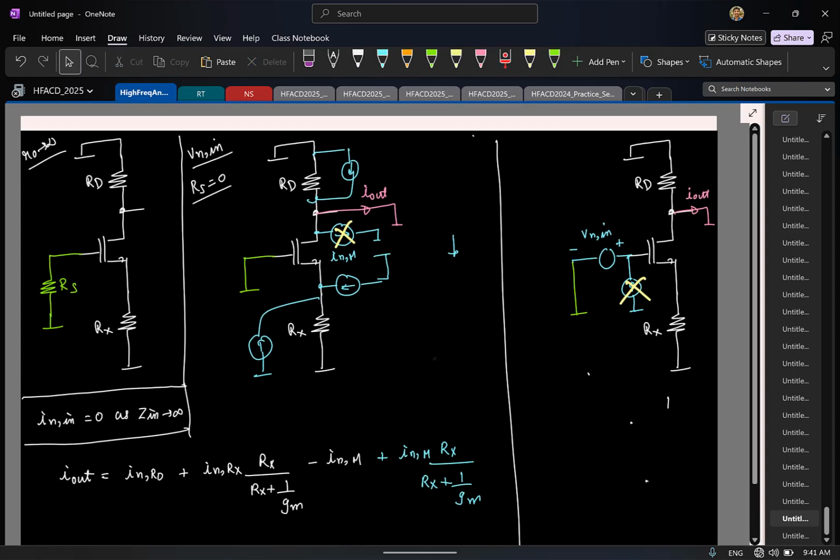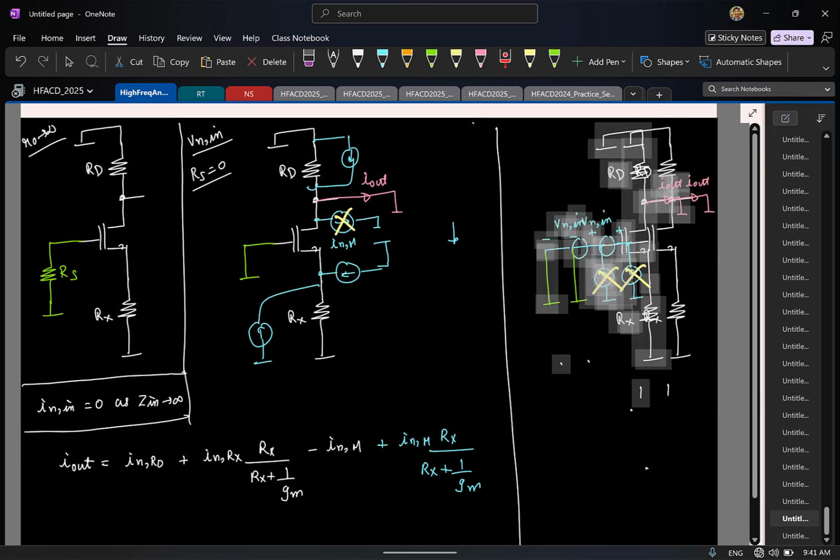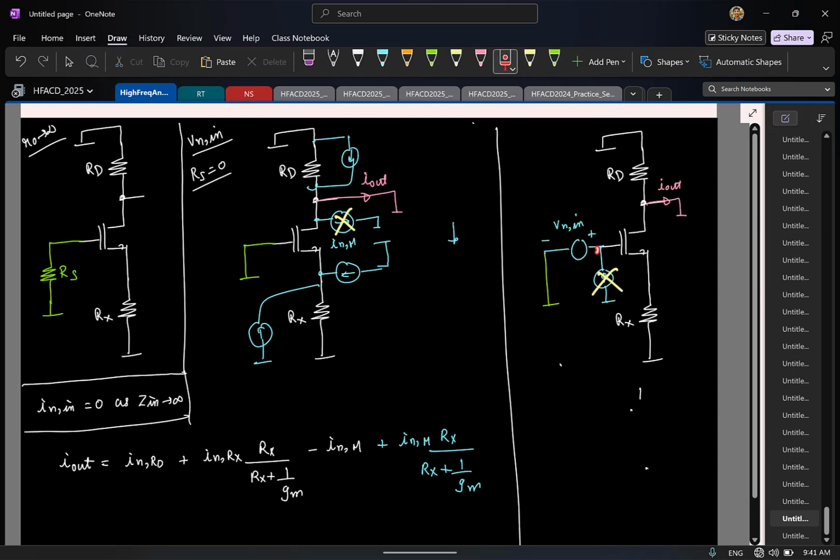To find the input referred noise voltage, what should I find next? I'll find the transfer function from this voltage Vn to Iout. I apply some voltage at the gate, Vn. What will be the drain current?